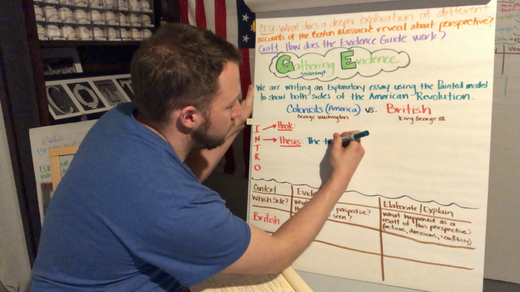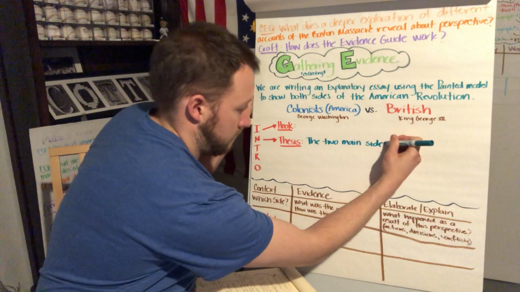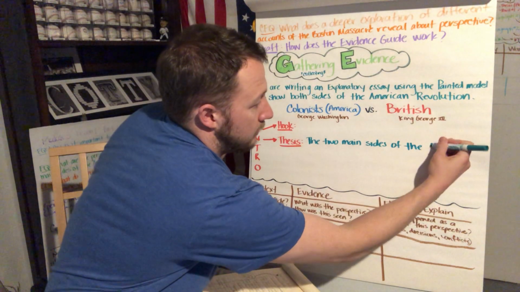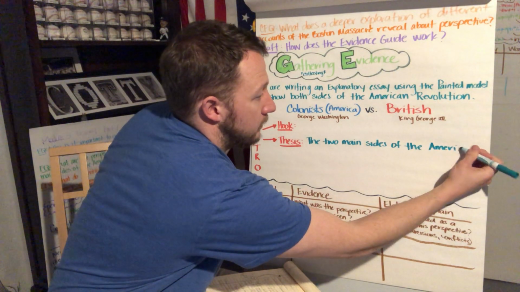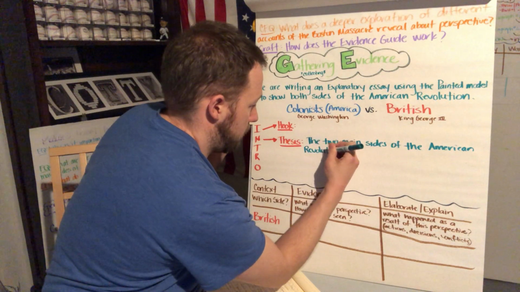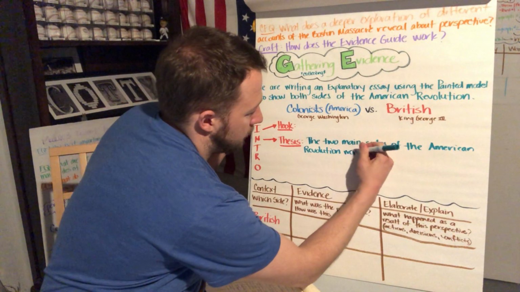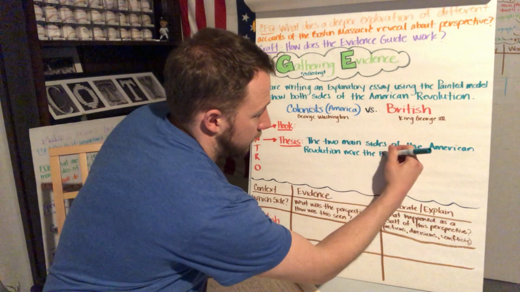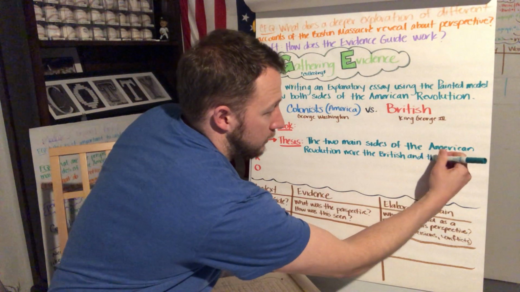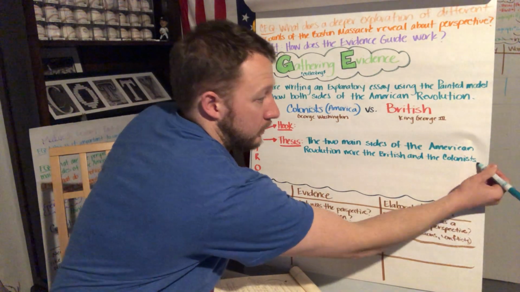The two main sides of the American Revolution were the British and the colonists.